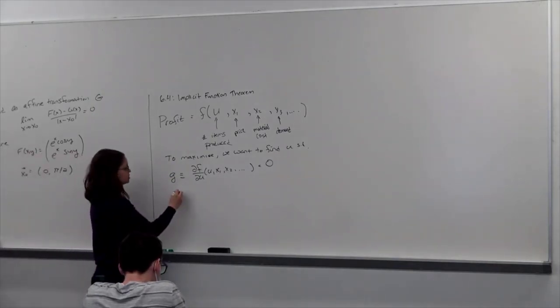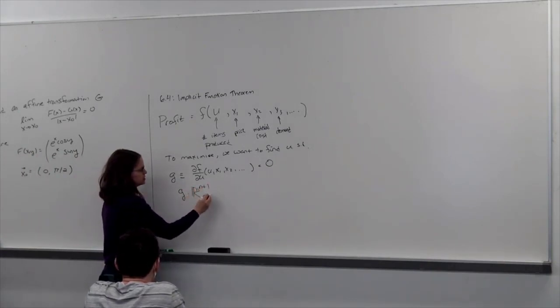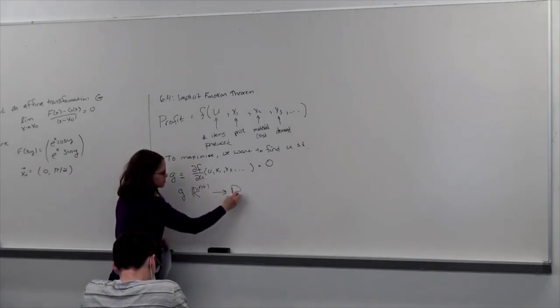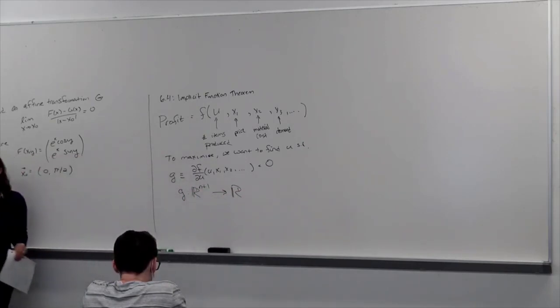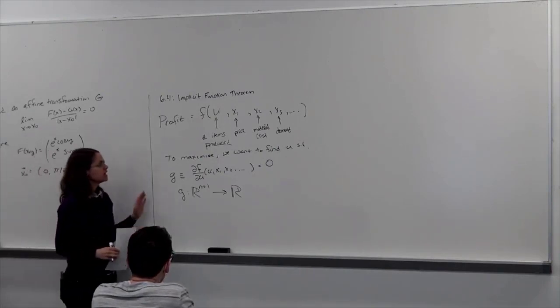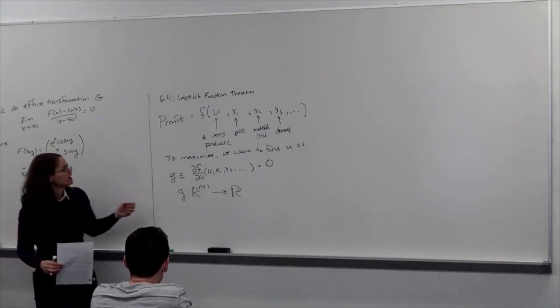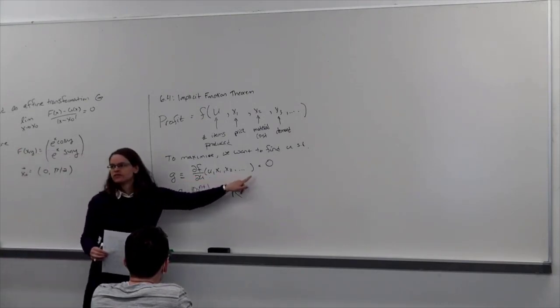Now, g is a function. This would be an example of a non-square transformation. It's a function of a whole bunch of variables, but only real valued, one output. And now our question is, given that g is equal to 0, or that we would like g to be equal to 0, can I solve for u in terms of all of these other variables?